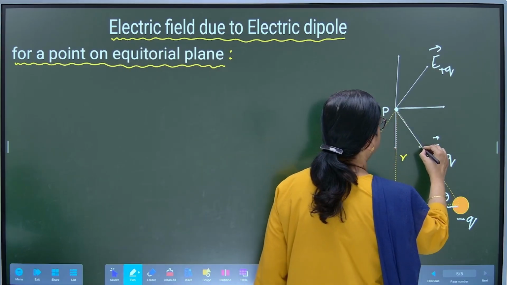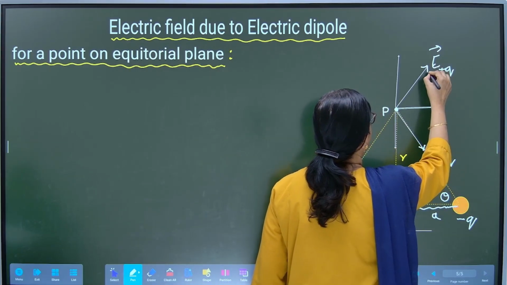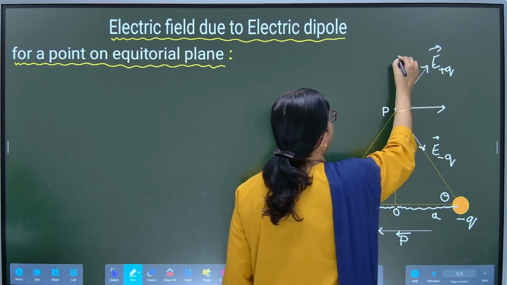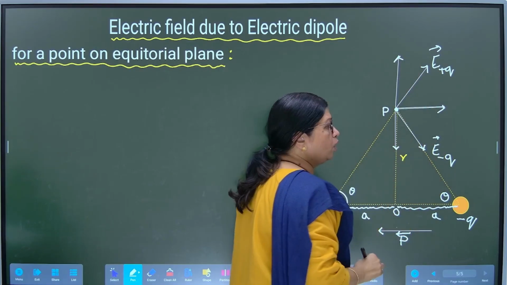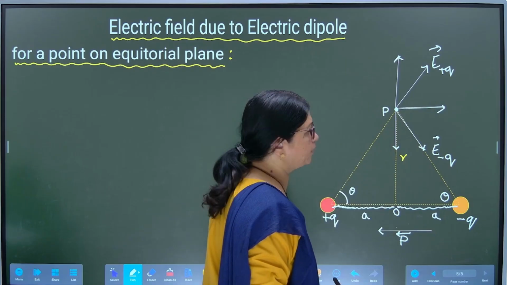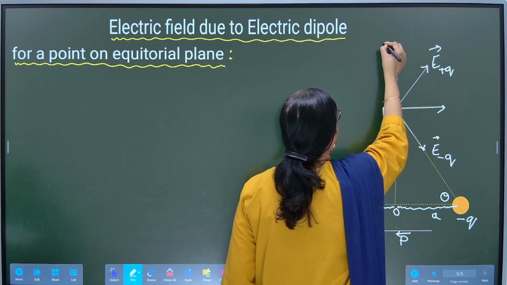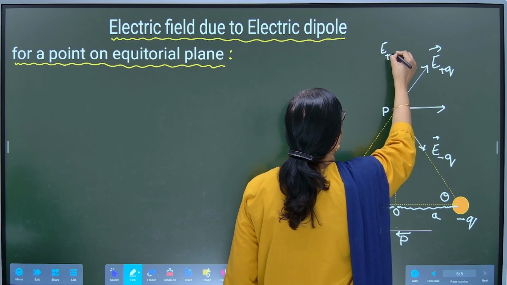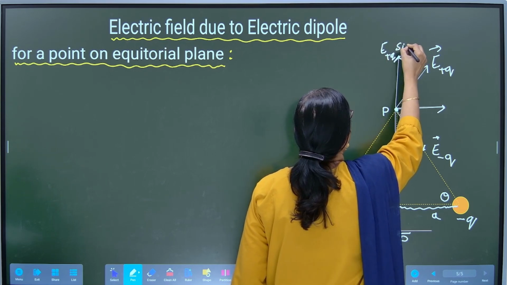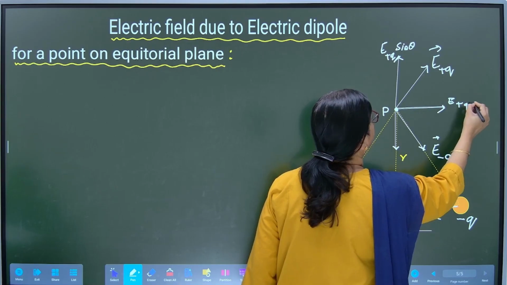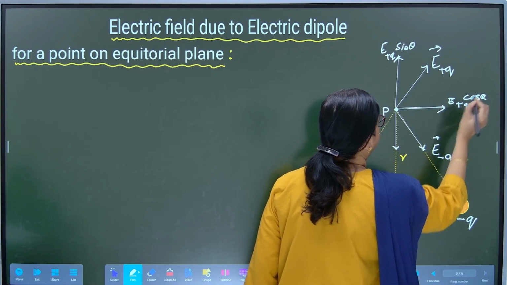Let us also draw the direction strongly. And this vector I have resolved into two components, here and here. So let us name these two components also. For this vector, let me write it as E plus Q sin theta, E plus Q cos theta, horizontal component.